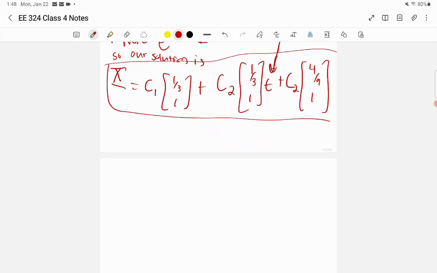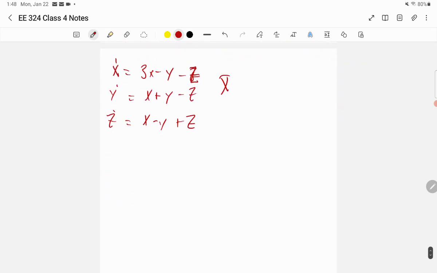We could also have other situations, so let's look at that. I'm going to write this out real quick. X dot equal to 3x minus y minus z. Y dot equal to x plus y minus z. Z dot equal to x minus y plus z.